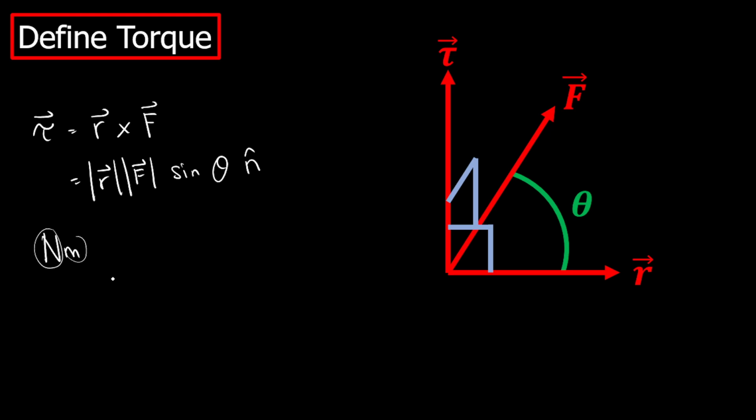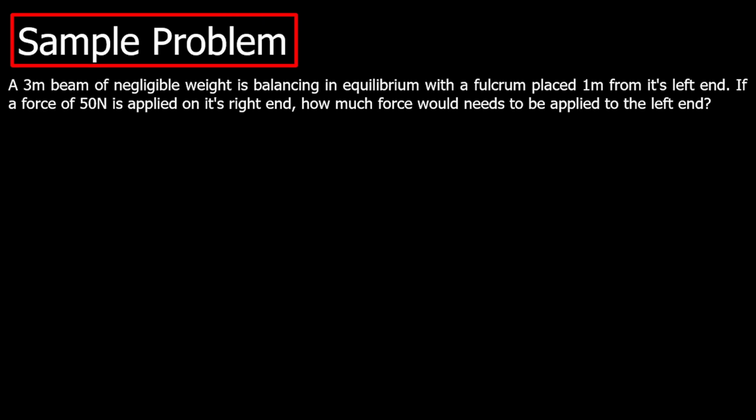Let's do a very simple sample problem involving a beam and a fulcrum. A 3-meter beam of negligible weight, so we ignore the weight of the beam, is balancing in equilibrium. In equilibrium, the summation of tau is going to be 0.